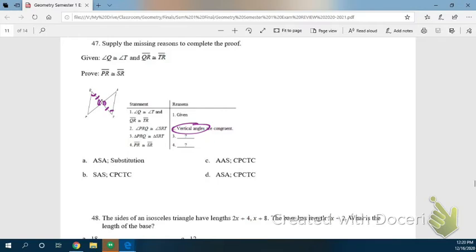And so with that said, how do I know that the triangles are congruent? You would know that by angle, side, angle. And then how would you know that their pieces are congruent? That's going to be CPCTC. So angle, side, angle, and CPCTC, your answer will be D.